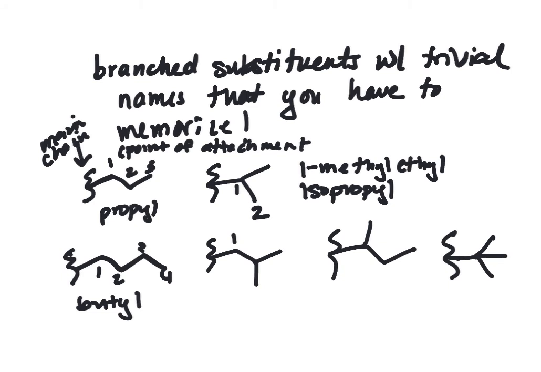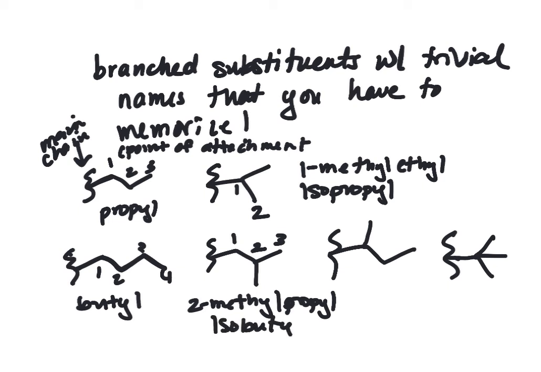If we look 1, 2, 3, so this would be 2-methylpropyl. This is known as isobutyl. You can think of it as similar to isopropyl, but with just 1 extra carbon.